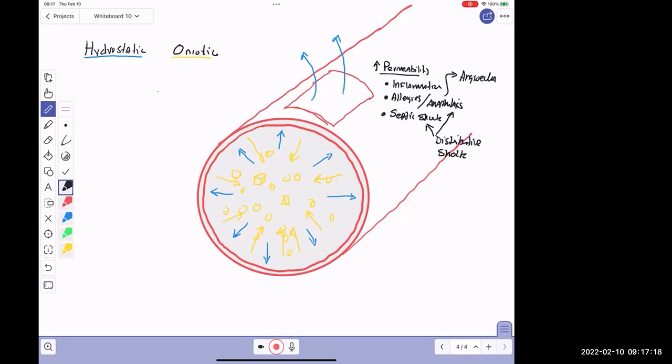Let's talk about some other examples, however, right? Let's talk about the example of just hydrostatic pressure. What if the hydrostatic pressure gets really high in the blood vessels, and it's just the net increase of hydrostatic pressure that does it? There are several situations where you simply have too much hydrostatic pressure. Some examples of this would include heart failure.